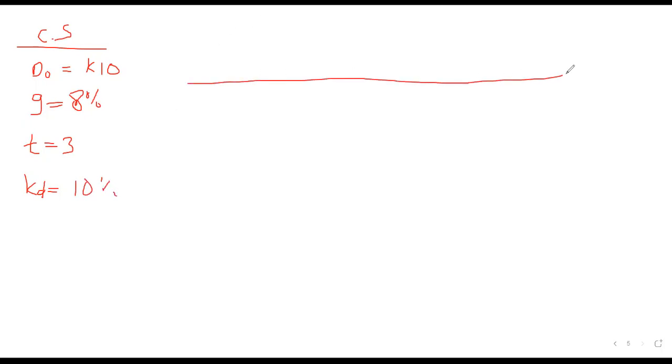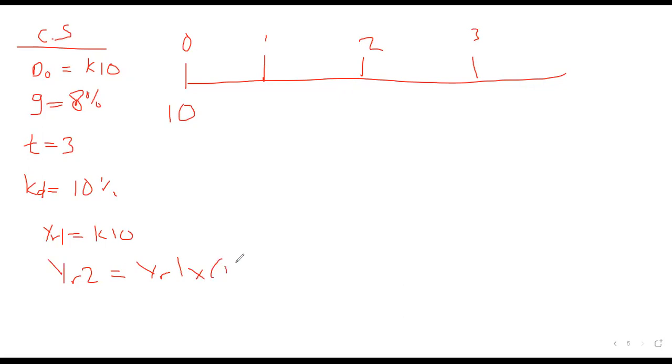So we can use a number line: 0, 1, 2, 3. We started with the 10 kwacha. In year 1 it grows, and year 2 we get from year 1 times 1 plus g.